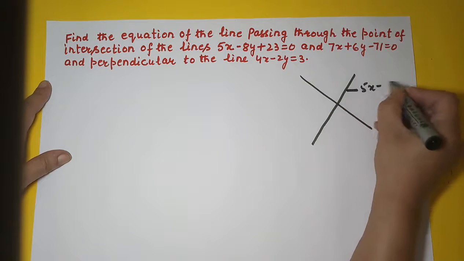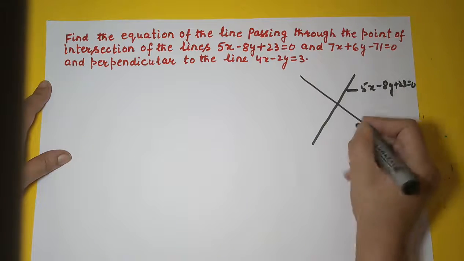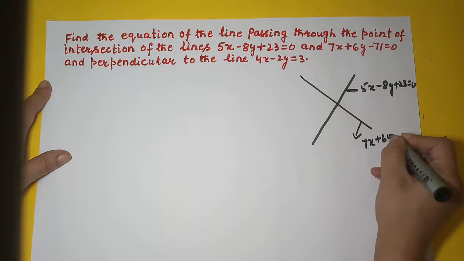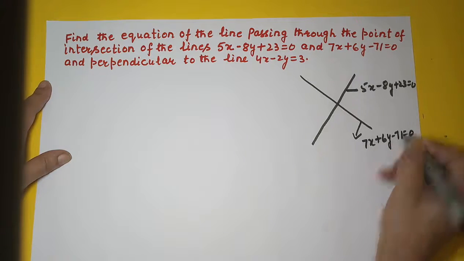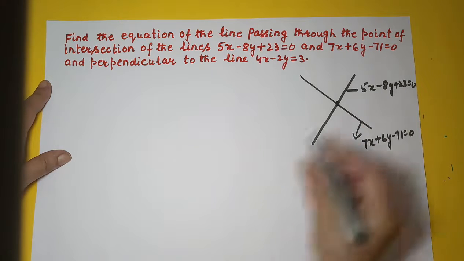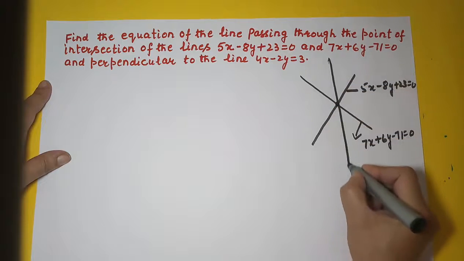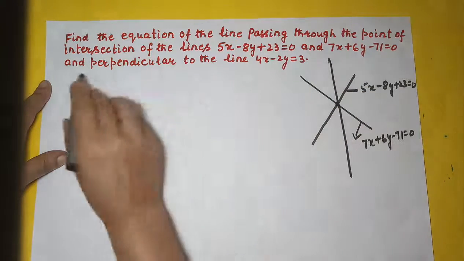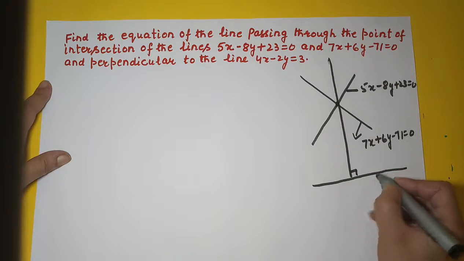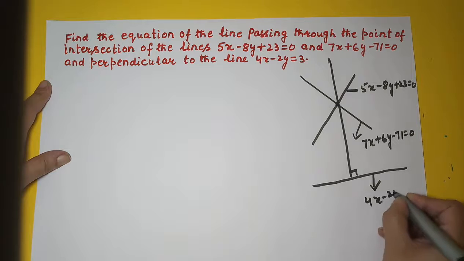This is 5x minus 8y plus 23 equal to 0, and the equation of this line is 7x plus 6y minus 71 equal to 0. So they are intersecting, suppose, on this point, and our required line is passing through that, and perpendicular to the line whose equation is given as 4x minus 2y equal to 3.